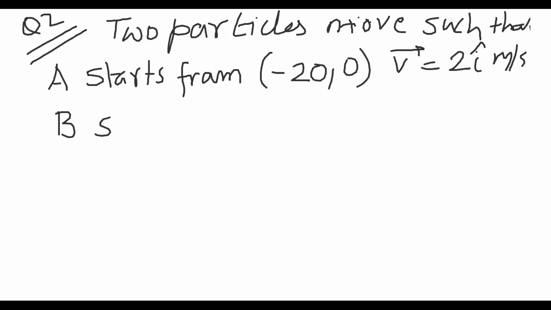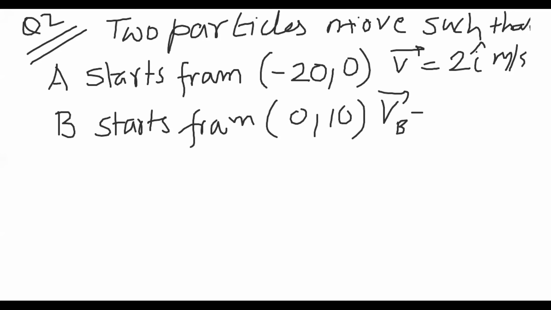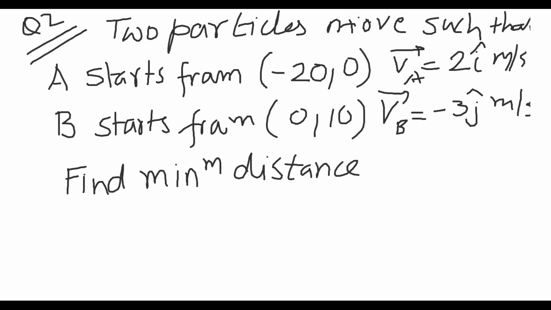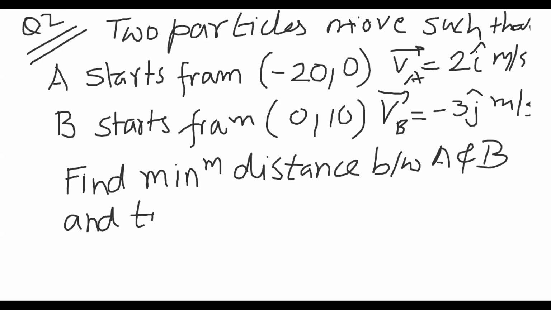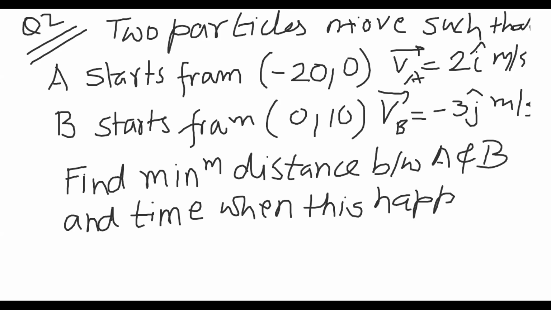B starts from 0, 10 and moves with velocity minus 3 j cap meters per second. Find the minimum distance between A and B and the time when this happens.